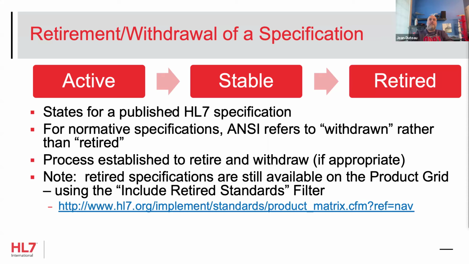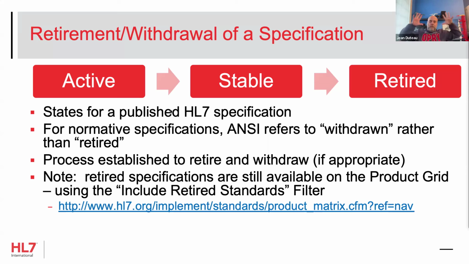ANSI refers to it as withdrawn. Within HL7, just to make it clear that things are still available, we call it a retired specification. There's a grid on the product grid, and you have the ability to include retired standards. They're not there by default, but people can see them.